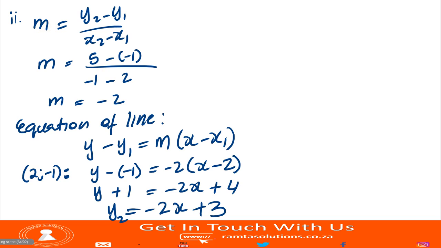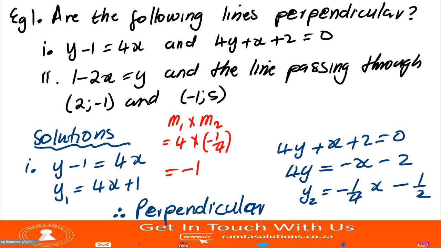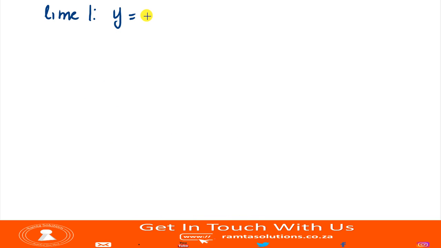Now, you remember for line 1, the equation was, what is it? It was y equals 1 minus 2x. Can you guys see that? It's y equals 1 minus 2x. Guys, 1 minus 2x is the same as minus 2x plus 1, okay?